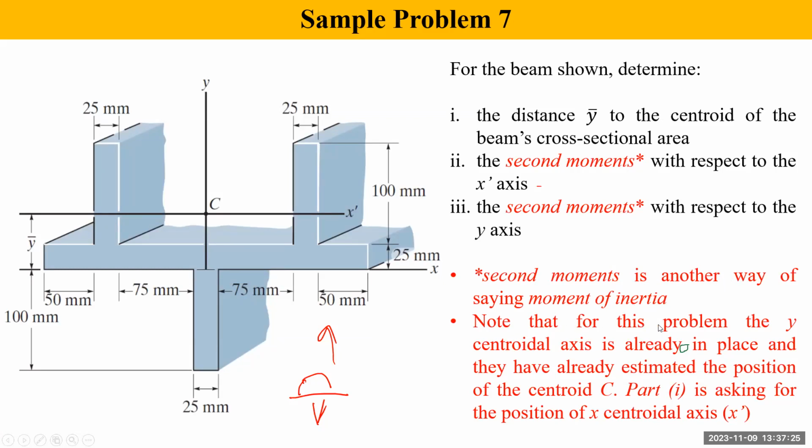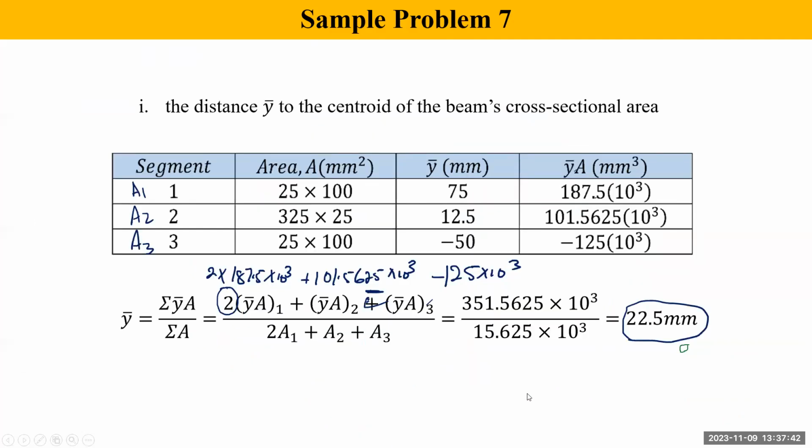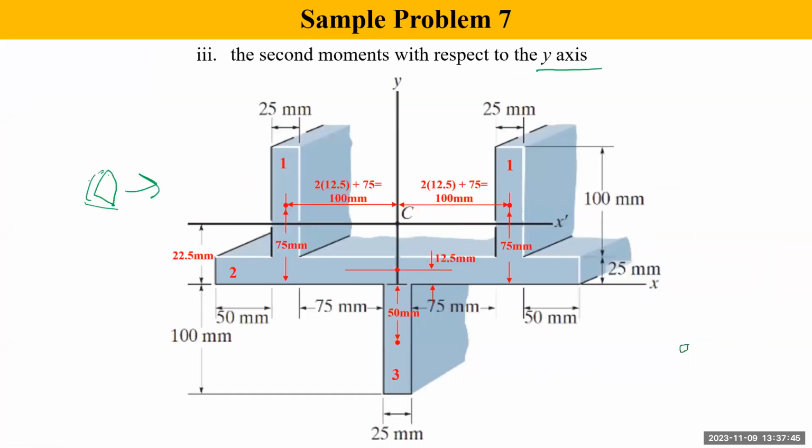Note that in this problem, the y centroidal axis is already in place, and they have already estimated the position of the centroid. Part 1 is asking for the position of it. So let's jump to it.